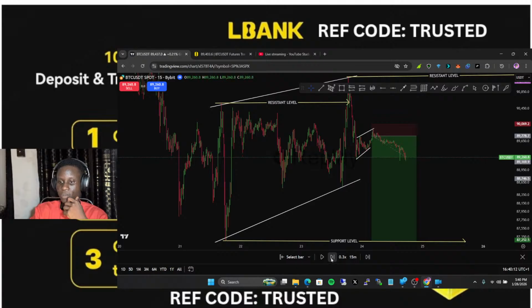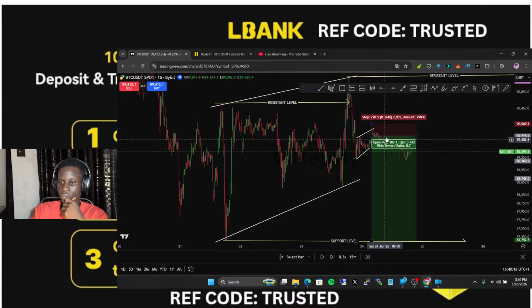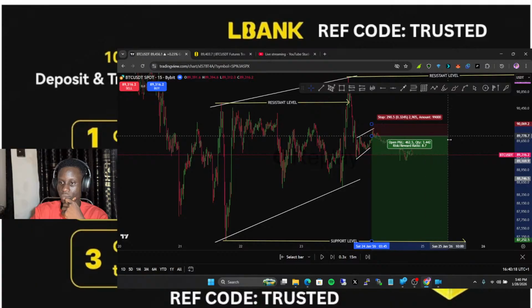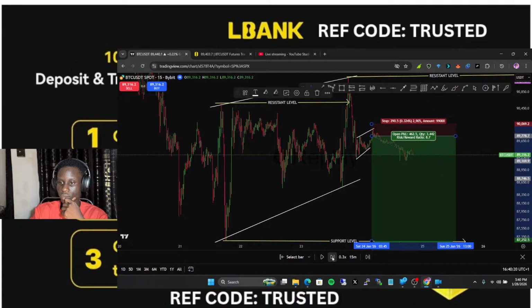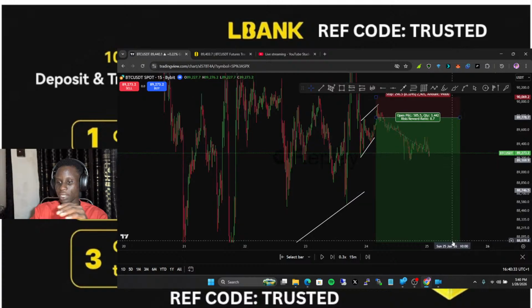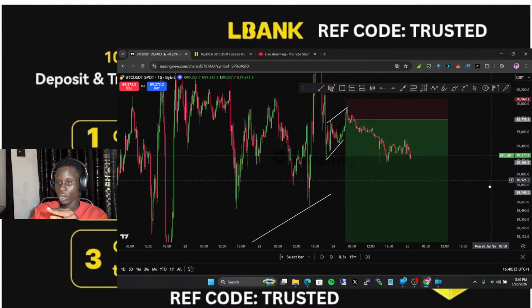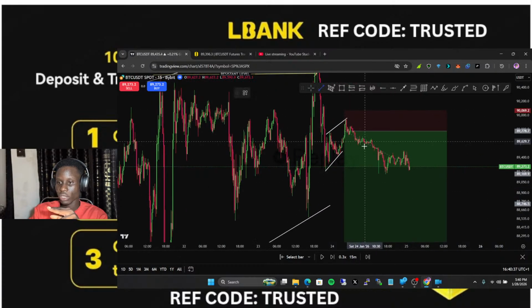So alright, if you are paying good attention, you will see that there is another entry model here, which is going to be this.